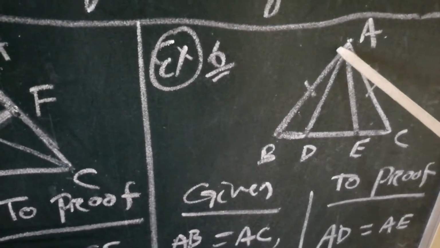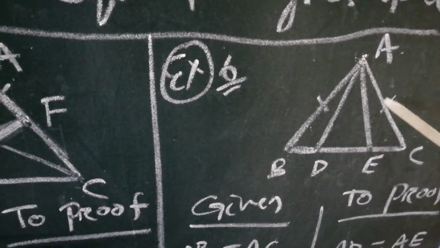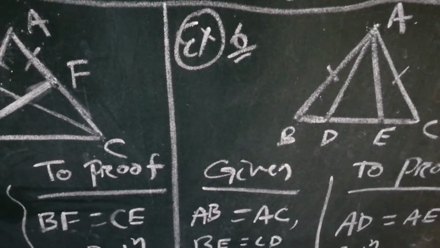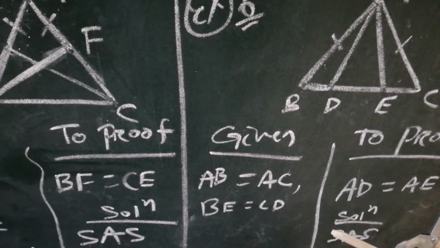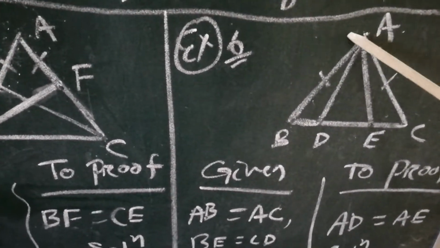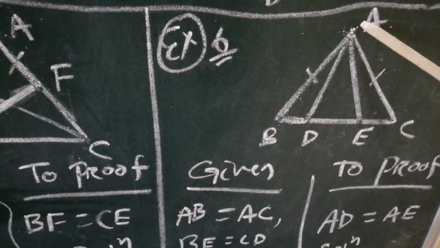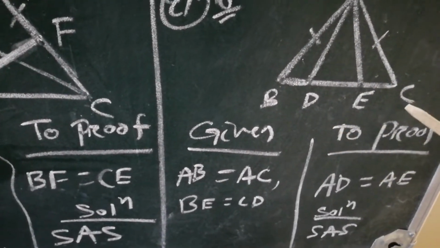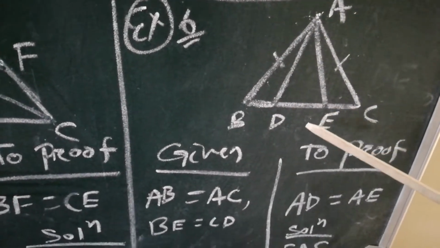Similarly, you just take triangle ABD and triangle ACE and try to establish the congruence rule. You will definitely find that by establishing the SAS congruence rule, we can prove that triangle ABD is congruent to triangle ACE. And in this way you can also prove that AD equals AE.